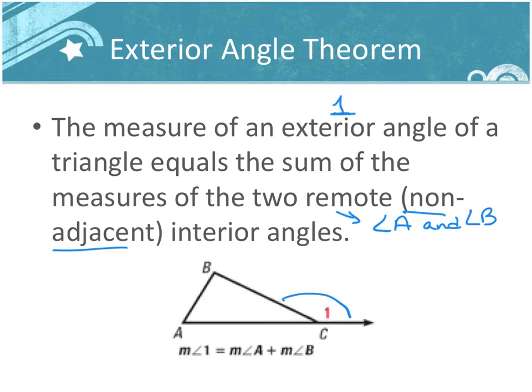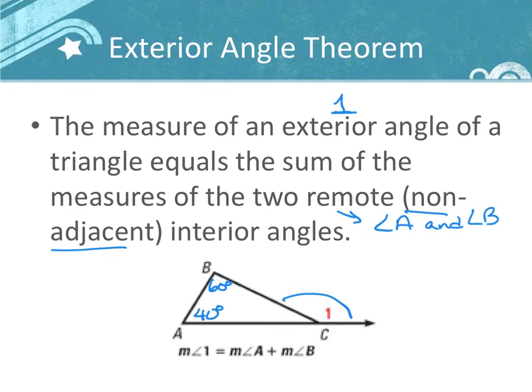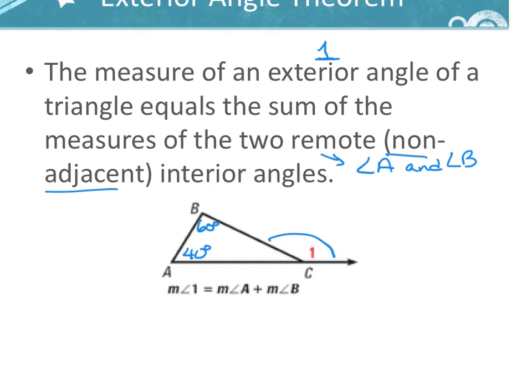So in order to find the measure of angle 1, all I need to do is add angle A plus angle B. So let's say angle A is 40 and angle B is 60. To find the measure of angle 1, I am just going to add 40 plus 60, and that gives me the measure of angle 1, which is 100.